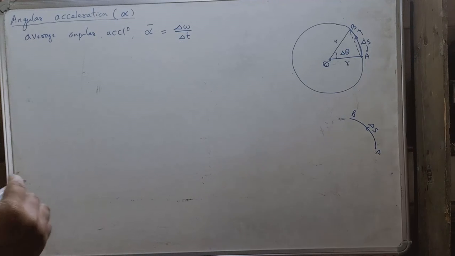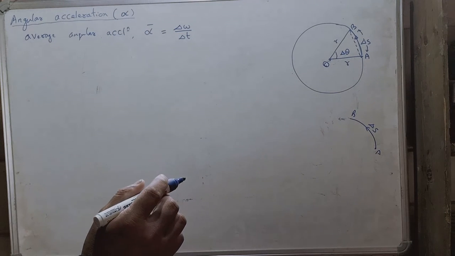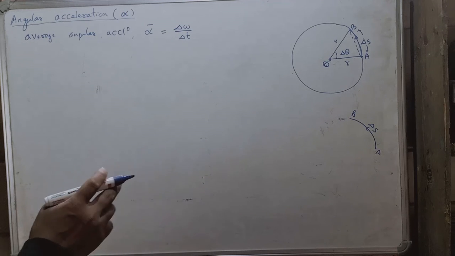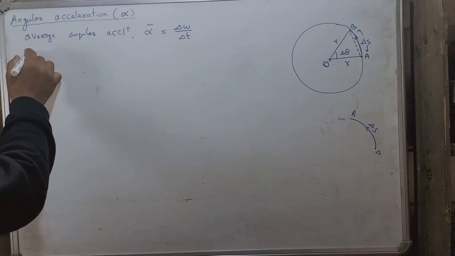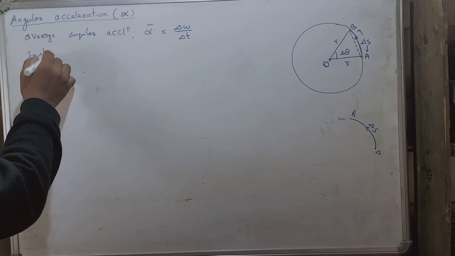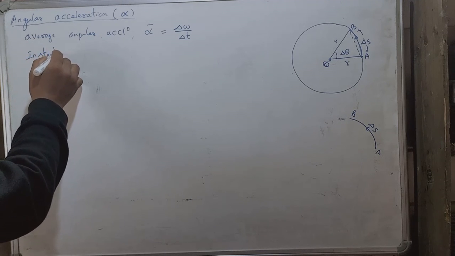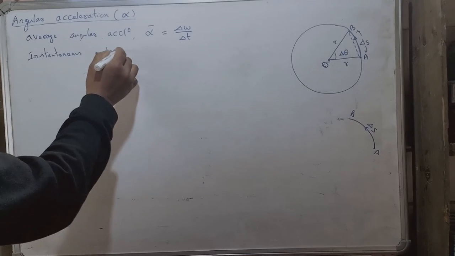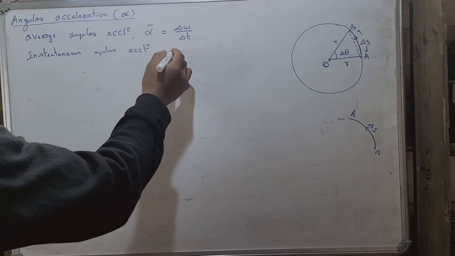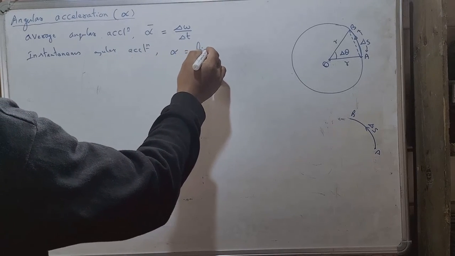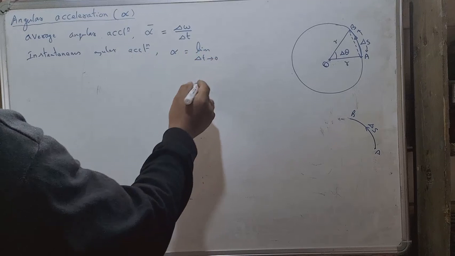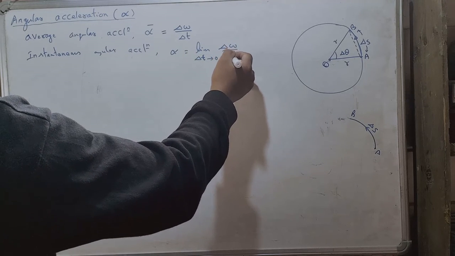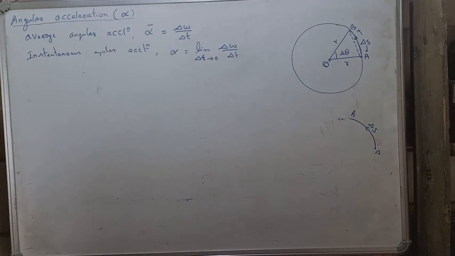Now, like in the case of linear acceleration, we have two values. One is average, and another is instantaneous. So in a similar way, we can define the instantaneous angular acceleration as alpha equals limit delta t tends to 0, because whenever delta t tends to 0, we get the instantaneous acceleration.